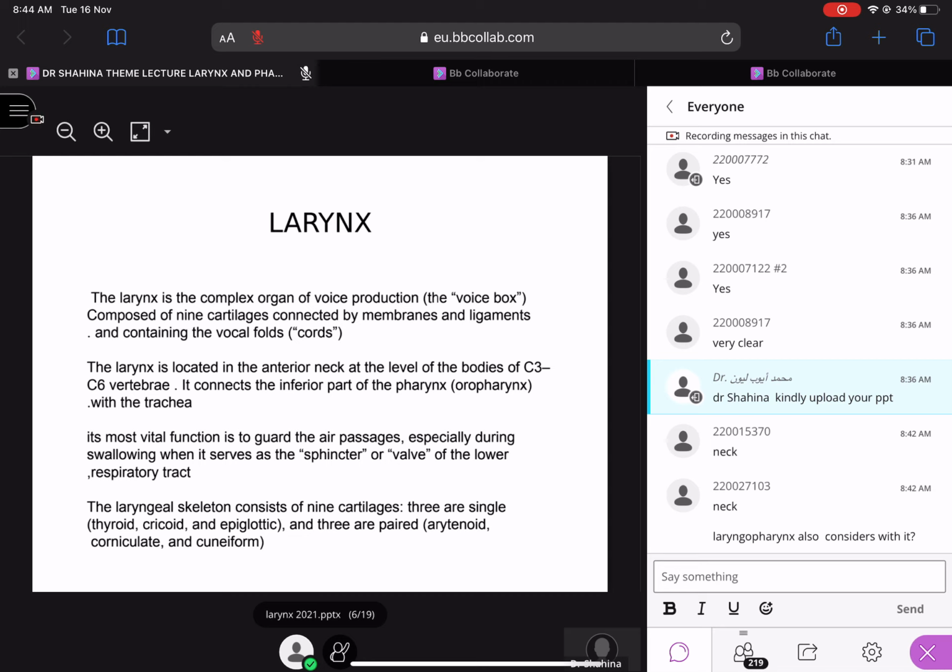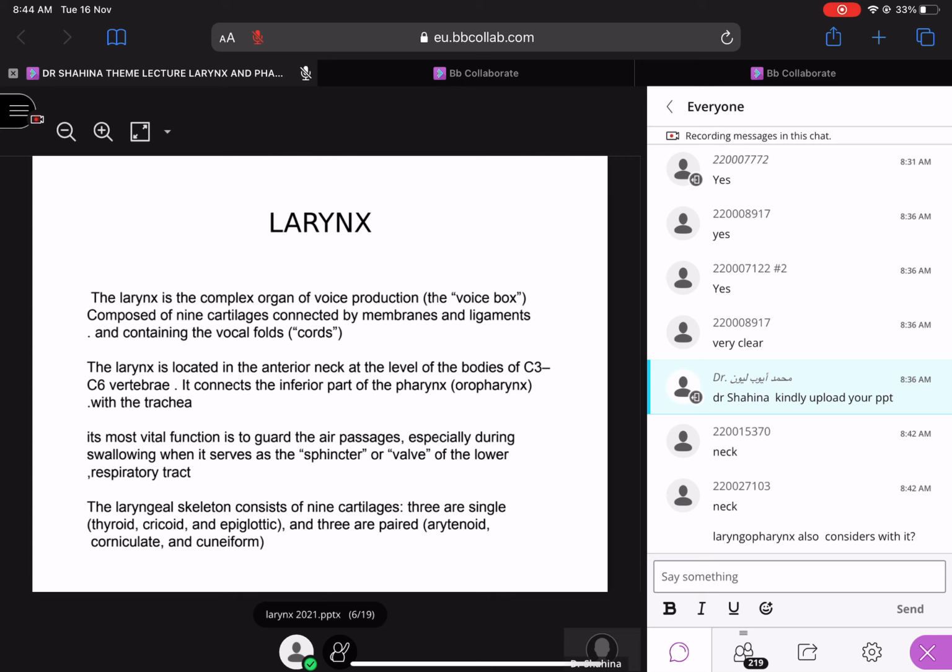Only the thing is that you have some muscles connected above and below the hyoid. These supra and infrahyoid muscles are just concerned with the elevation and depression of the larynx during swallowing or deglutition.